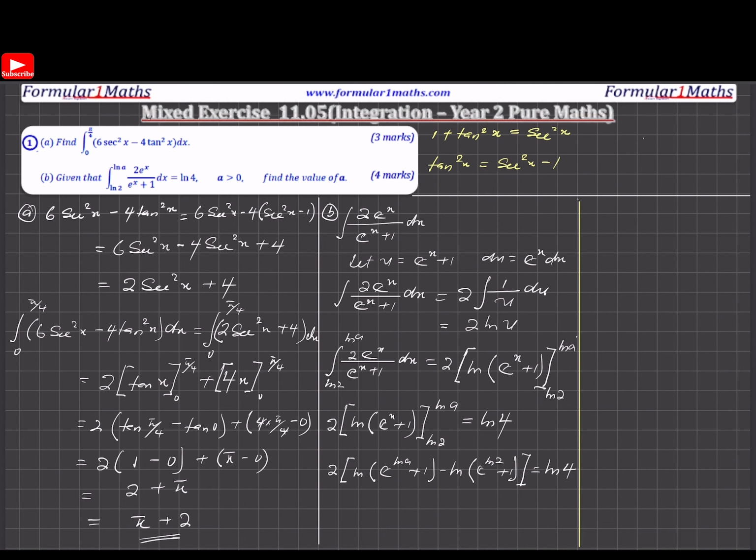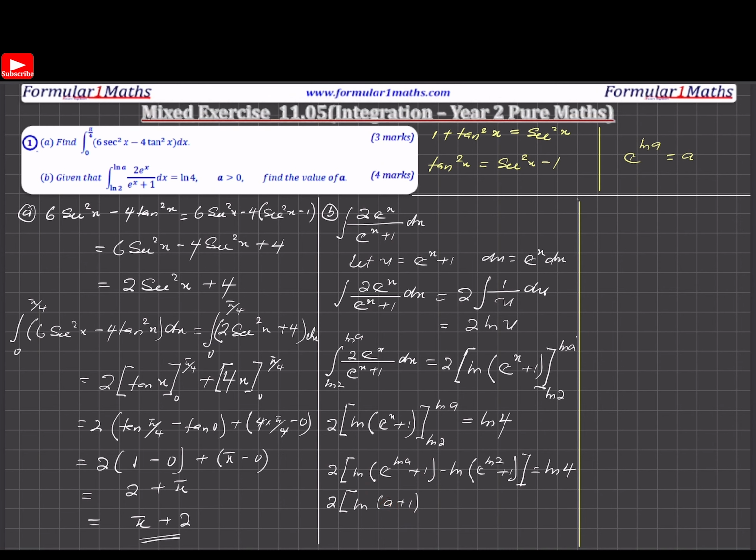We can now simplify to get 2 ln a plus 1, because e to the power ln a is equal to a. And so that's why this becomes a here, and we have our 1 over there.